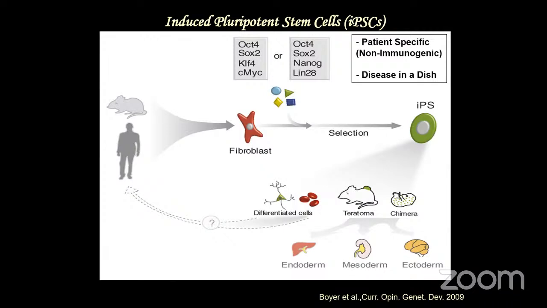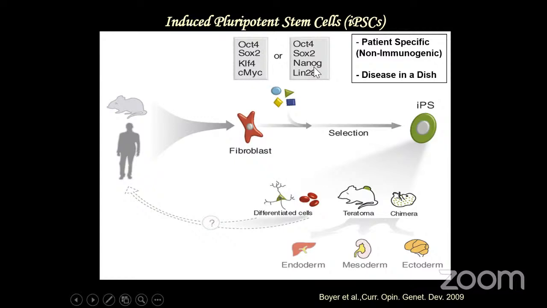I will treat the system, rewire the system using specific factors, and then it will resemble my own self. So in that case, it will have patient-specific cells. What they did basically is screen 24 different factors. From that, they nailed it down to 4 factors, called KSOM: KLF4, SOX2, OCT4 and CMYC. Those are also regarded as Yamanaka factors.